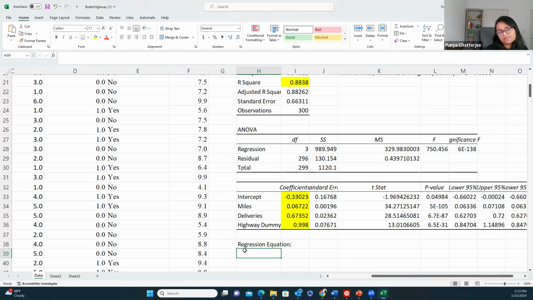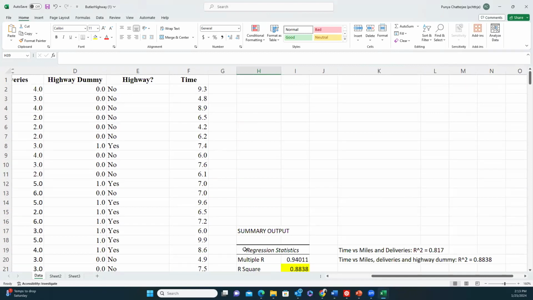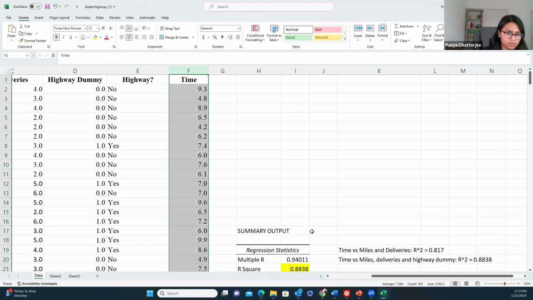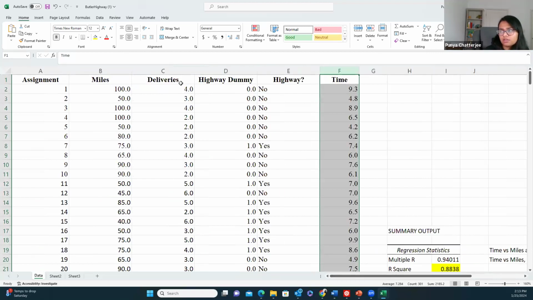No one wants to speak up? So what is my dependent variable? What am I trying to predict? Time, right? So dependent is always time, because time is what we are trying to estimate. So we are trying to understand how time depends on miles, deliveries, and highway dummy.